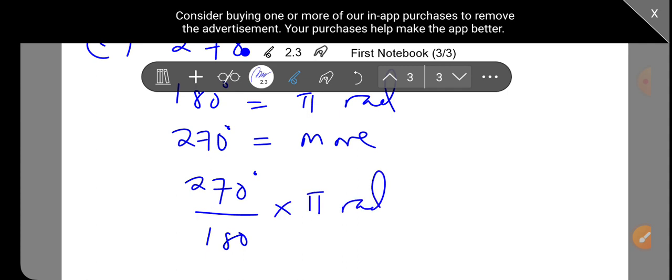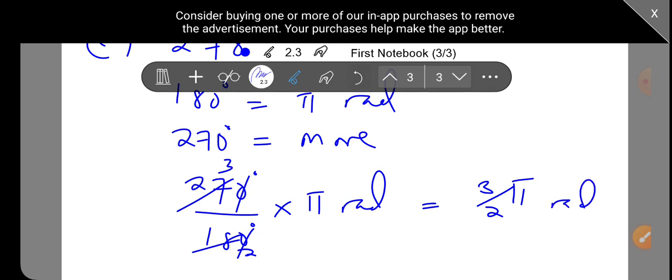Okay, so what do you get here? 9 into 27 goes 3, and there it goes 2. So it means I'm going to have 3 by 2 pi rad.